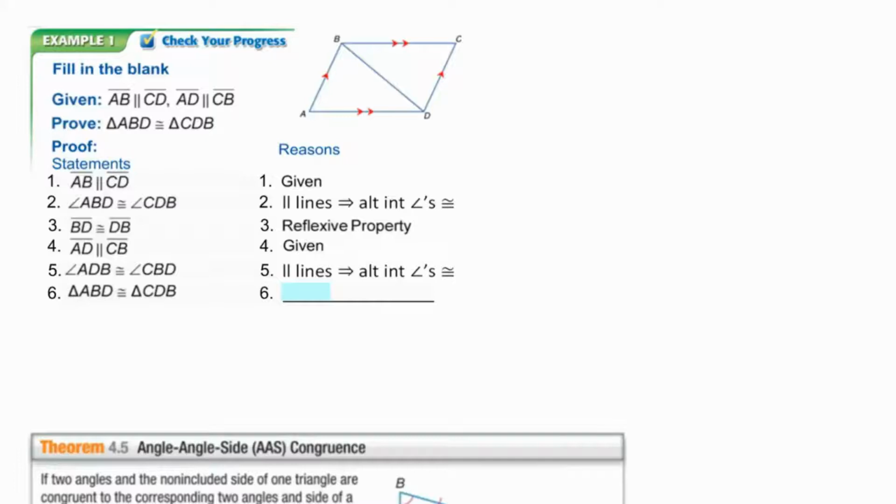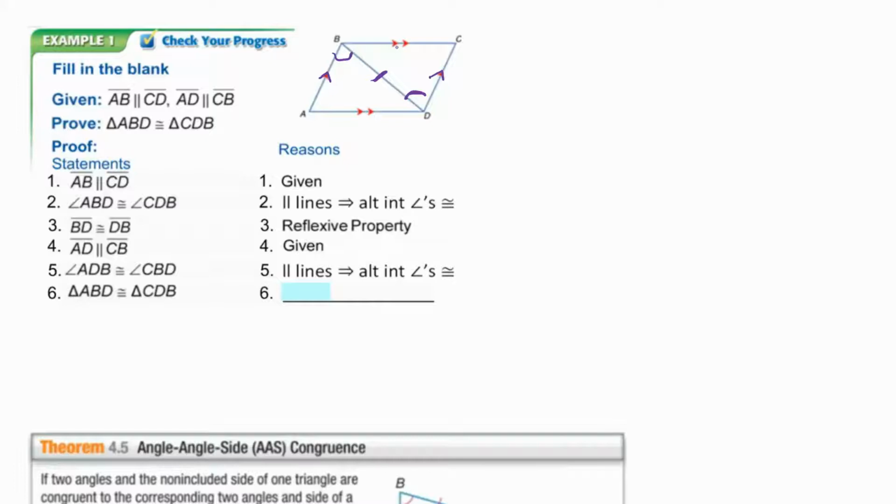We know that angle ABD is congruent to angle CDB, because AB is parallel to CD and we have alternate interior angles. They share a common side, which is BD, so we know that BD is congruent to DB because of the reflexive property.